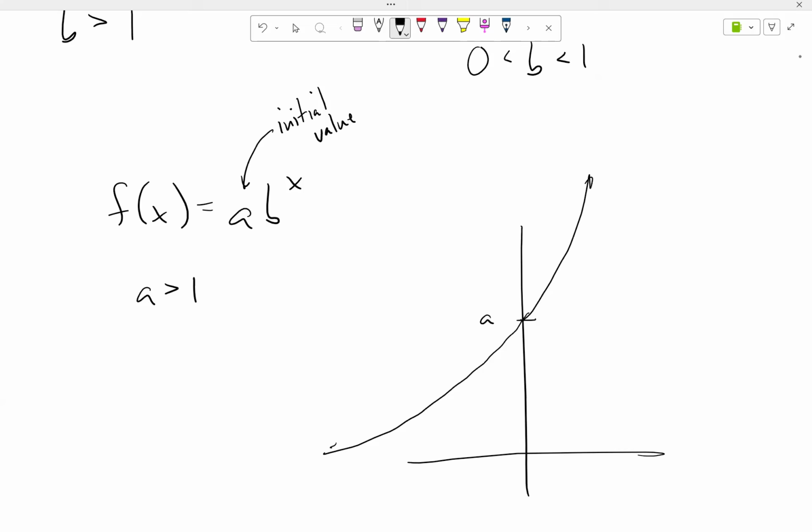Does that make sense? That it is the initial value for this exponential function? And b is called the factor. It's repeated multiplication, so it's a factor, but specifically it's either a growth or decay factor. Do these things sound familiar?